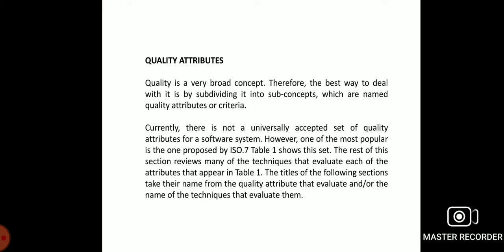However, one of the most popular is the one proposed by ISO, and Table 1 shows the set. The rest of this section reviews many of the techniques to evaluate each of the attributes that appear in Table 1. The title of the following sessions is the name of the quality attribute evaluated, and under it are the names of the techniques that evaluate it.